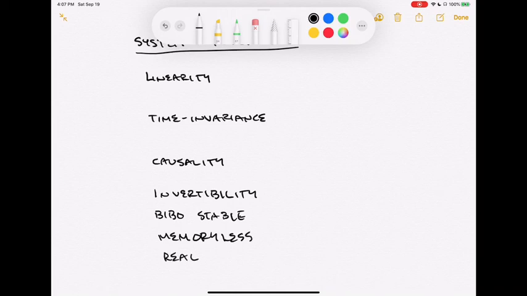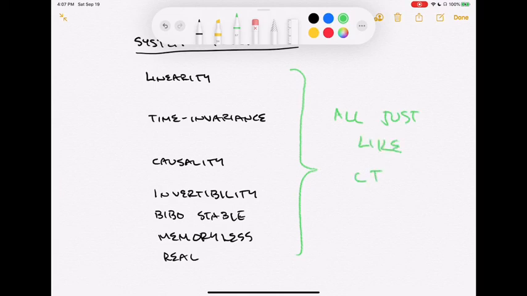All of these properties, I'm going to just make it really easy for us. They're all just like the continuous time cases. Okay, the discrete time cases are all just like the continuous time cases. So we don't have to waste a bunch of time in here. You can go back and watch the lecture on continuous time system properties. They're all the same.